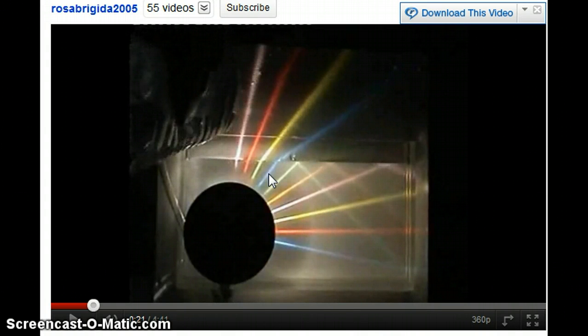So in summary, if light goes from one medium to another, from slow to fast, it'll move away from the normal line. If light goes from fast to slow, then the angle of incidence will get closer to the normal line.